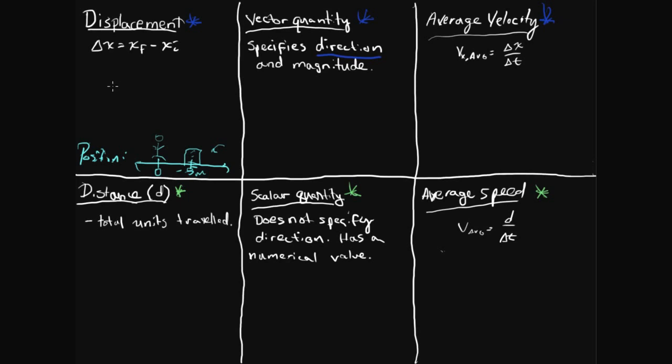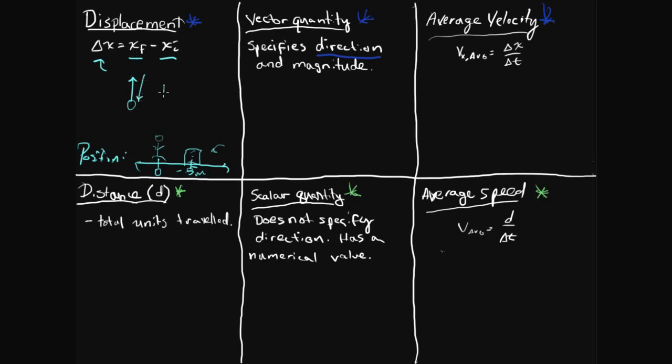distances and even directions. So displacement specifically is this change of x, and it's the difference between the final position and the initial position of the object. So in a sense, if I threw a ball in the air, it went straight up, straight down.